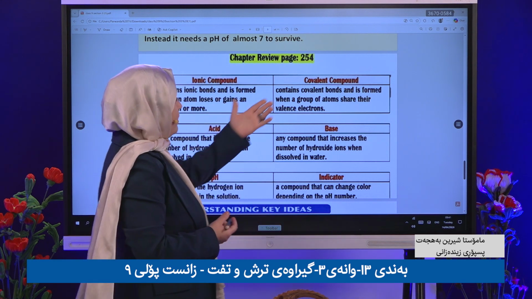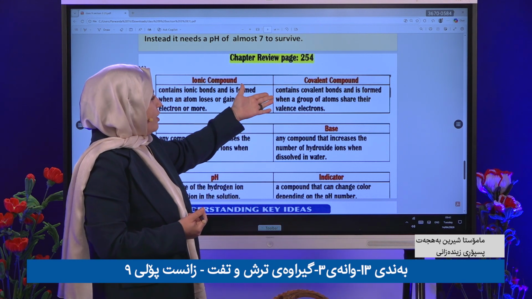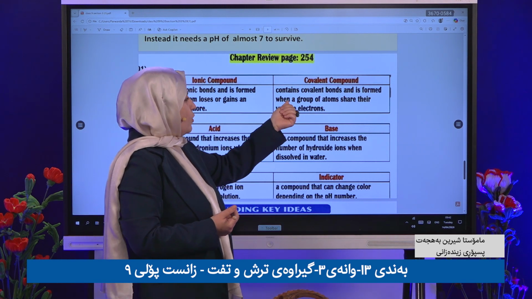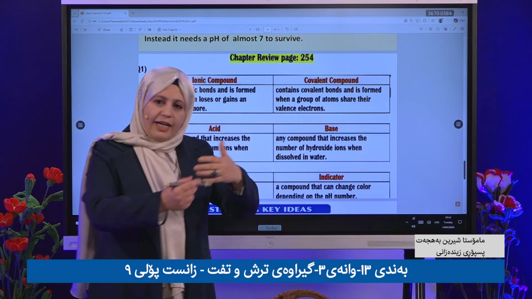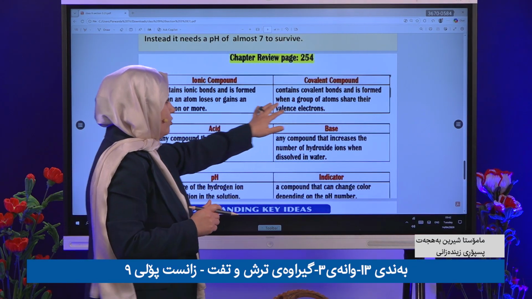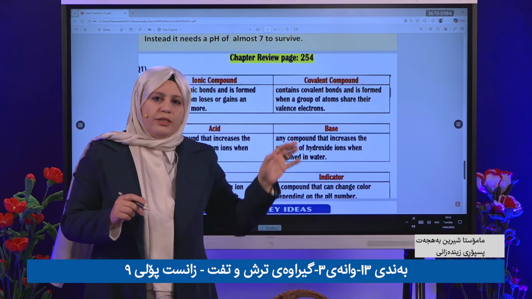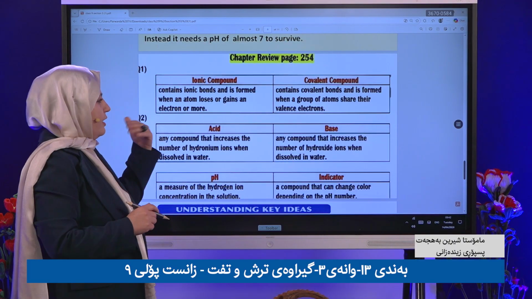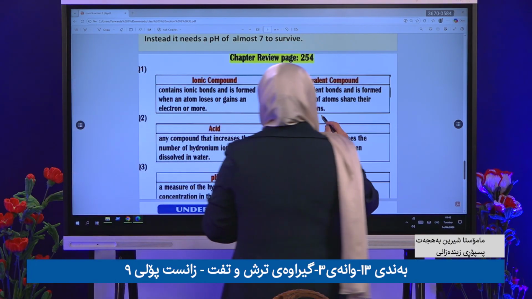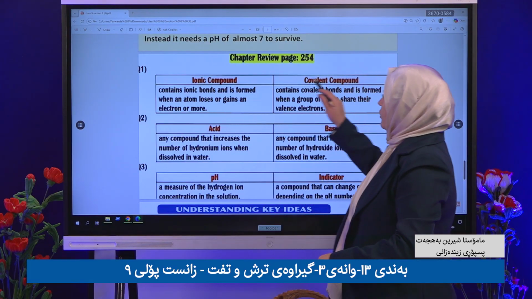Remember? But a covalent compound contains bonds that form when a group of atoms share their valence electrons. It's very important to know the difference between them.